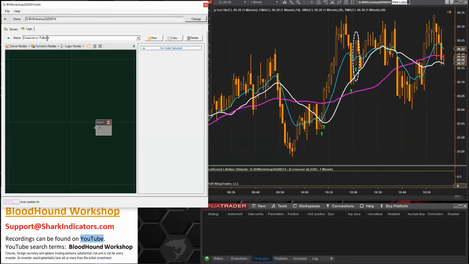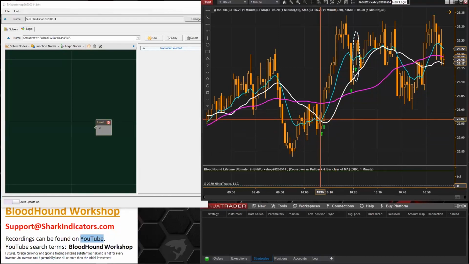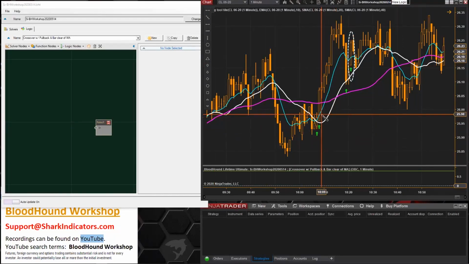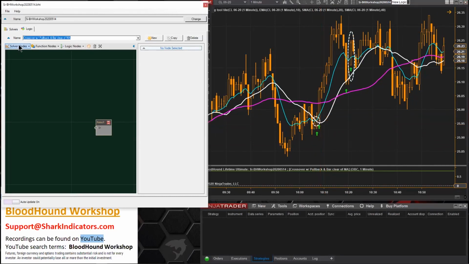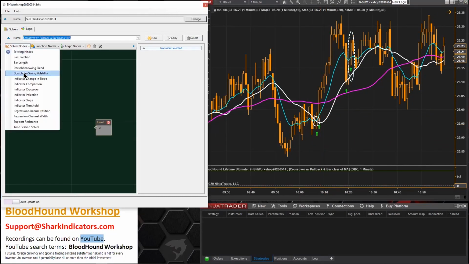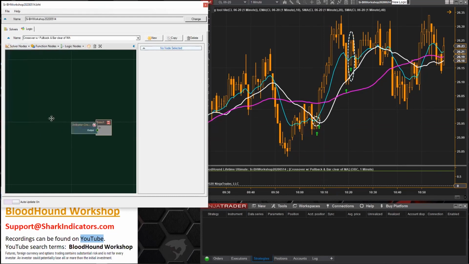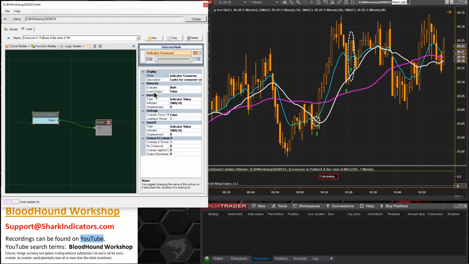So it's crossover with pullback, but we also need the bar to clear the moving average. Let's do the easy ones first. We're looking for basically a moving average crossover. That's the easy part. So let's grab a crossover solver here and put it on the board. This is an EMA 10 crossing over an SMA 20.